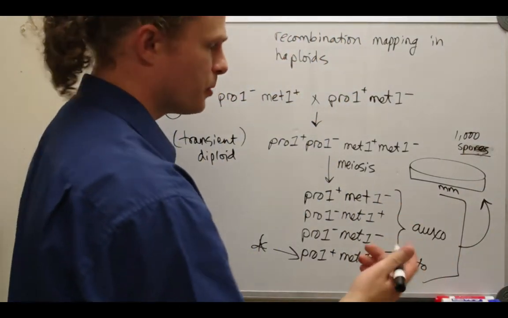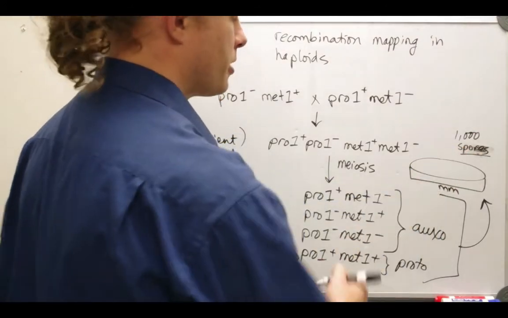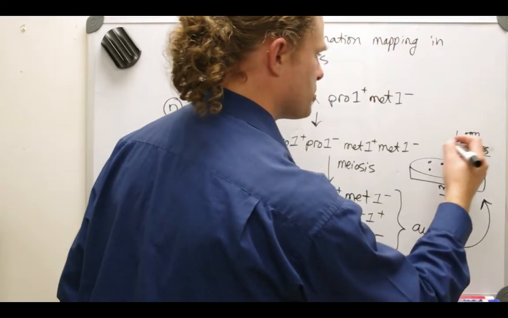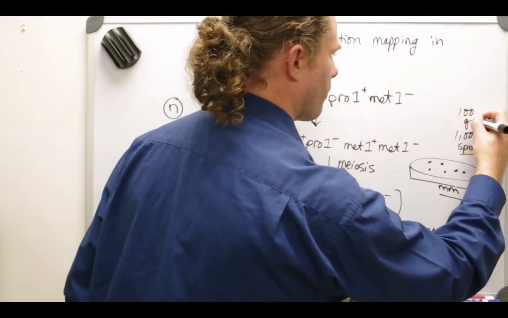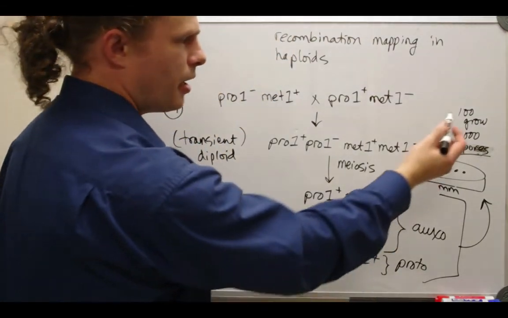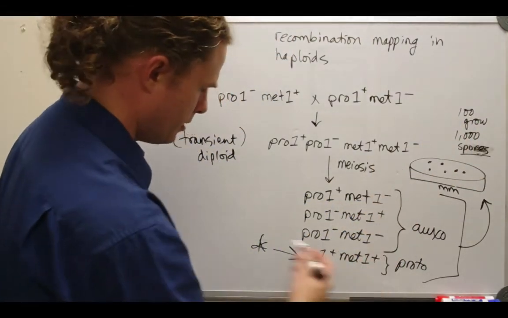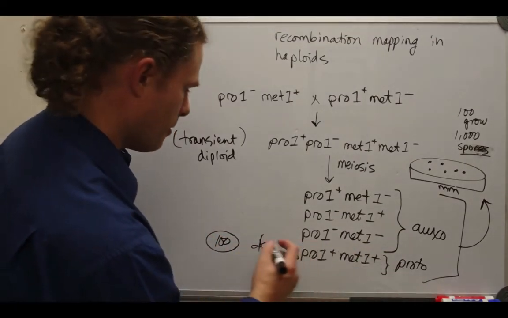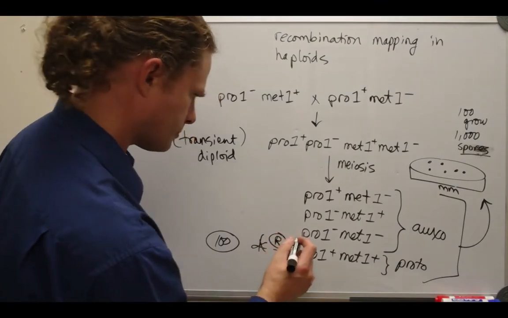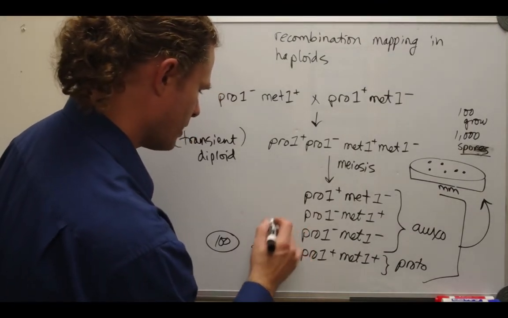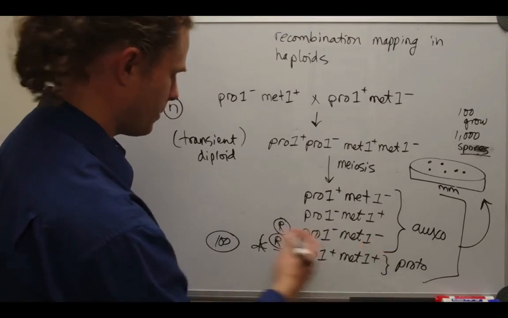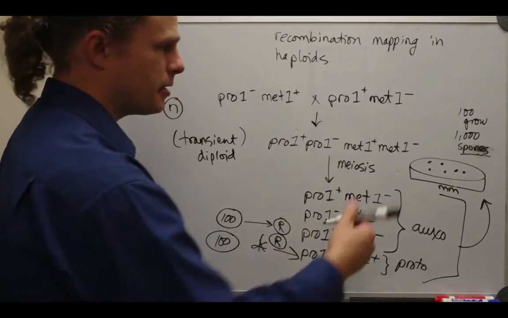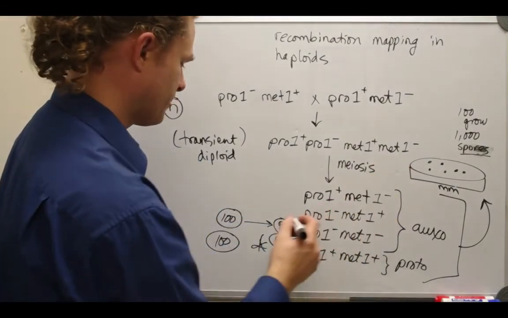Fungi produce spores. Let's say we plated 1,000 spores on minimal media, but only 100 grew. Okay, so we observed 100. That would mean of these 1,000 progeny that we had 100 of these that were prototrophic. Now, because this is one of the recombinants, it means that we also have the same number of the other recombinant categories. So there would also be 100 here. But we simply don't see them because they can't grow on minimal media.